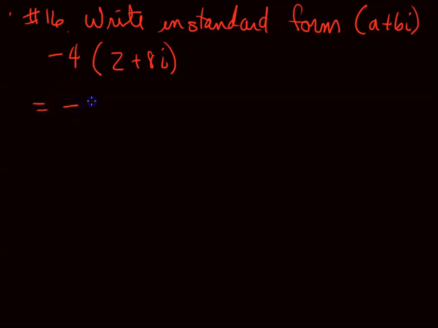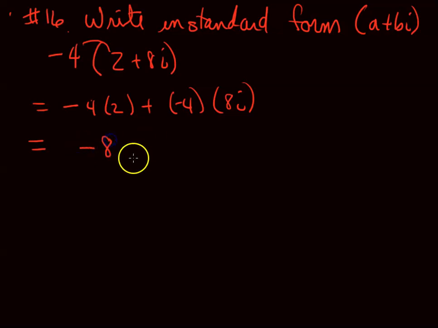Now if you need 4 steps, this is 2 steps, right? So a negative 4 times 2, because we're going to distribute this, plus that negative 4 times 8i. So if you need 4 steps, you need this sort of intermediate one, negative 8 minus 32i. There's your 4 steps.